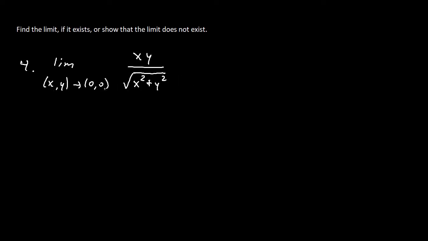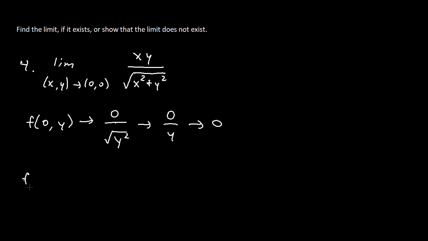So let's start by making the x value 0. If we do that, let's say we evaluate f of 0 comma y. We'll get 0 on the numerator, and we'll get the square root of y squared. Obviously the square root of y squared is y, but still we'll get 0 as well.